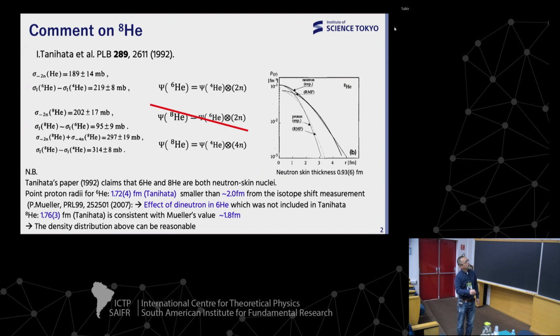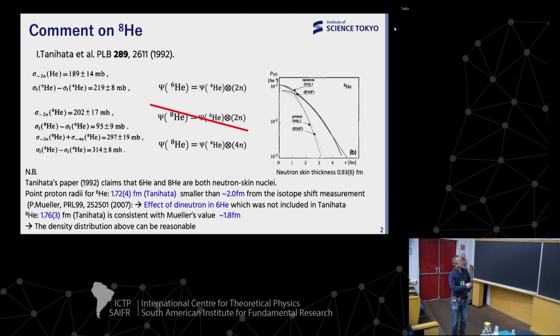If it were a halo, it should have this kind of curvature. This slope is very different for halos. A halo has a longer tail, so maybe we can call it a neutron skin rather than a neutron halo. So this is the one thing.